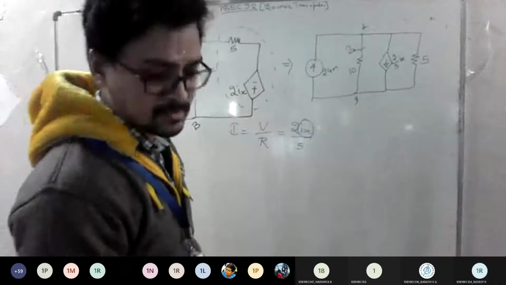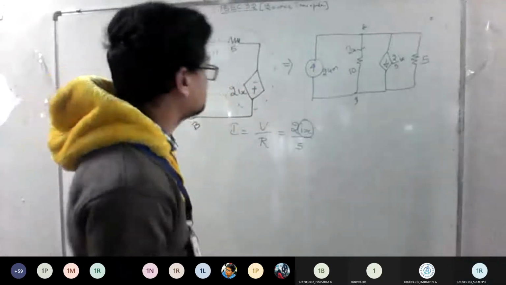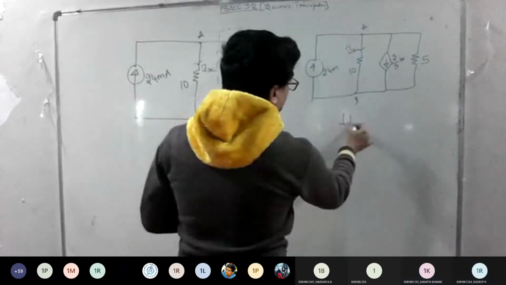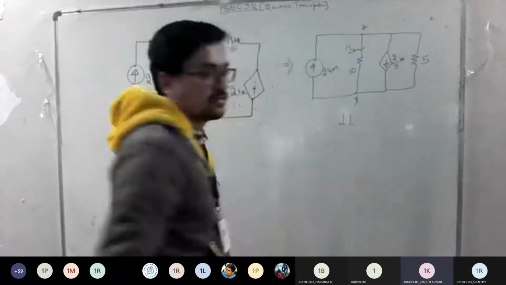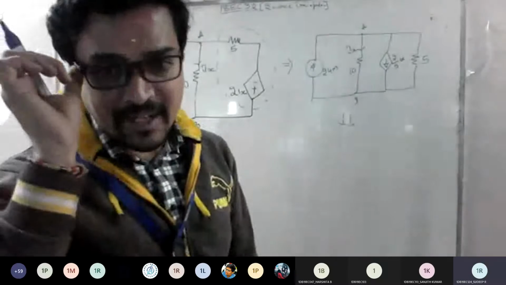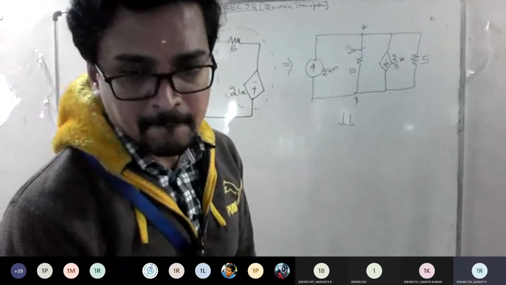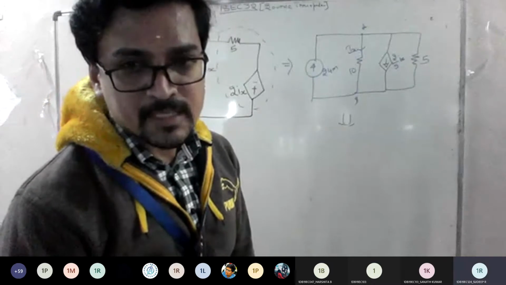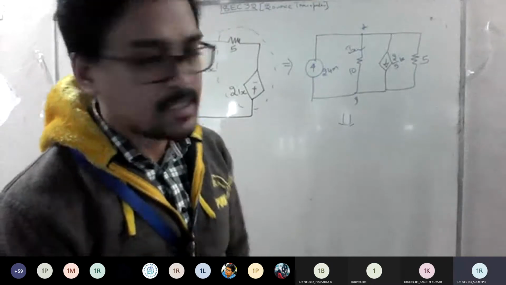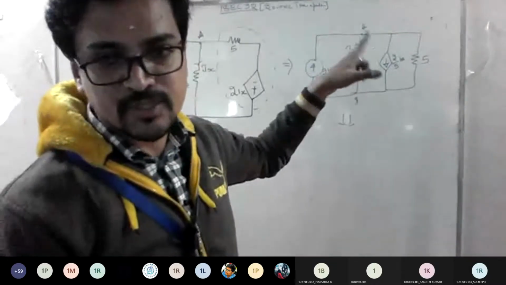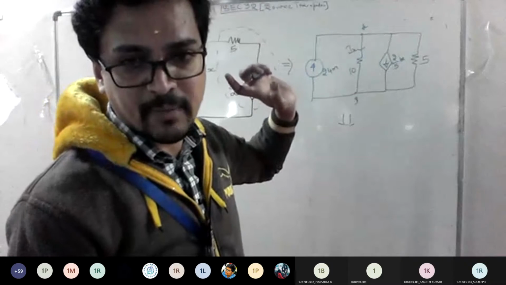Okay, next. What will we do in the next step? Adding the current sources. These two are in parallel, right? But what is the symbol you write? The symbol should be of a dependent source. See, the independent symbol you can eliminate, but the dependent one you can't eliminate. So the symbol should be dependent.